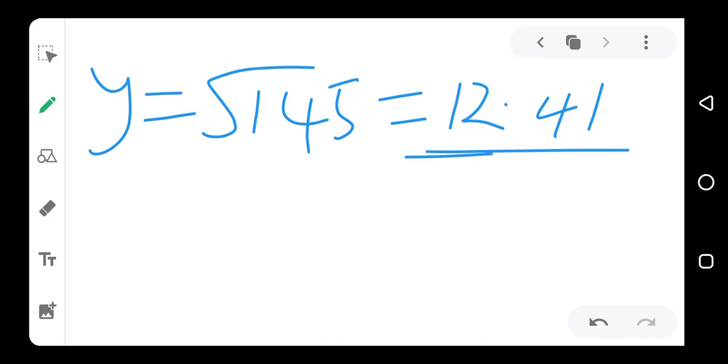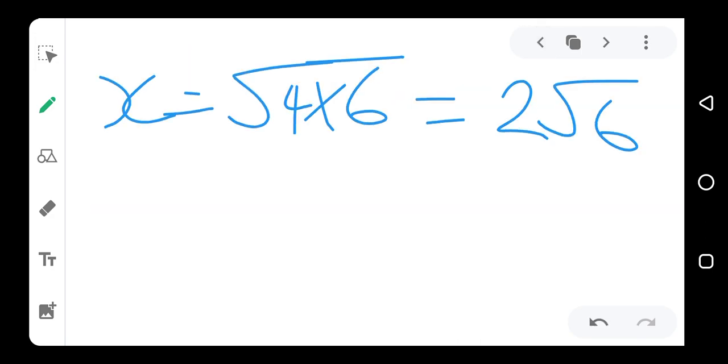So y is 12.41. And x is 2 root 6. Is that the same thing as 7.2? I think it should be something like 7.2. No, it can't be. It should be around 4.9. So we can leave it like this, or we get the final value for it.